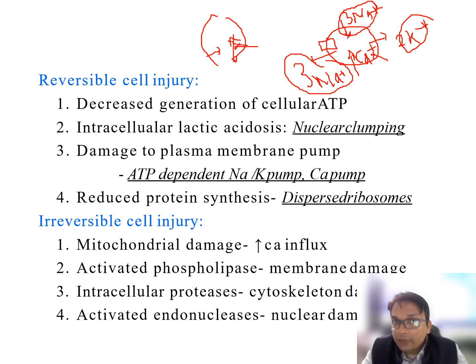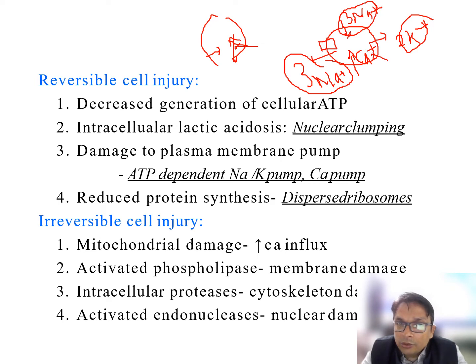Intracellular protease enzymes are also there. If they get overactivated due to some reason, and there are a number of reasons I have told you earlier in the etiology in my previous presentations, the intracellular protease enzymes result in breakdown of the cytoskeleton, like in apoptosis.